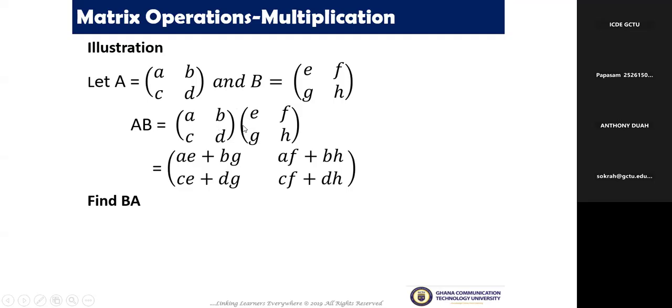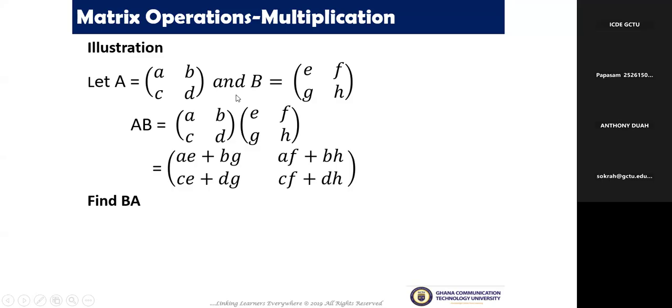What you are using to multiply is the first row. So the answers you get should be in the first row. Now, if you multiply A by E and B by G and you add them, where do you put the answer? You have used the first row to multiply the first column. So the answer must be in the first row, first column. So that is where you see the position here.